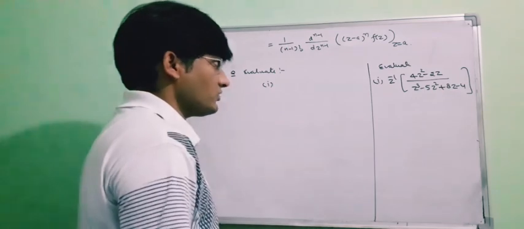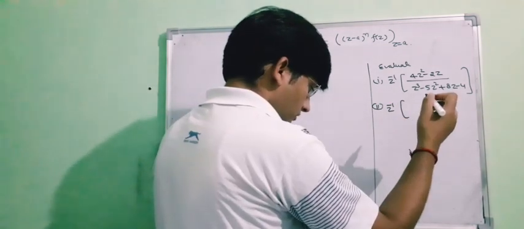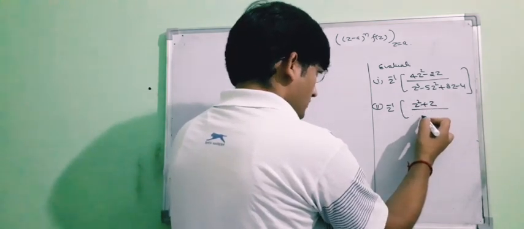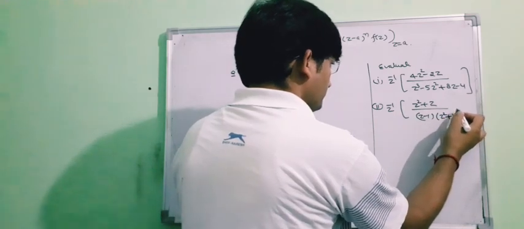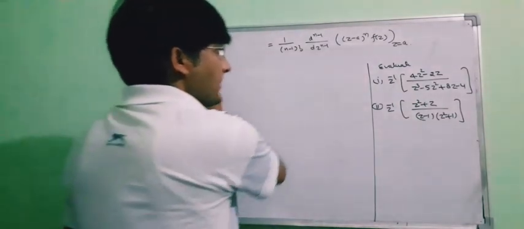And the second question is, evaluate the inverse z transformation of (z square plus z) divided by (z minus 1)(z square plus 1). So let us compute the inverse z transformation of these two problems.